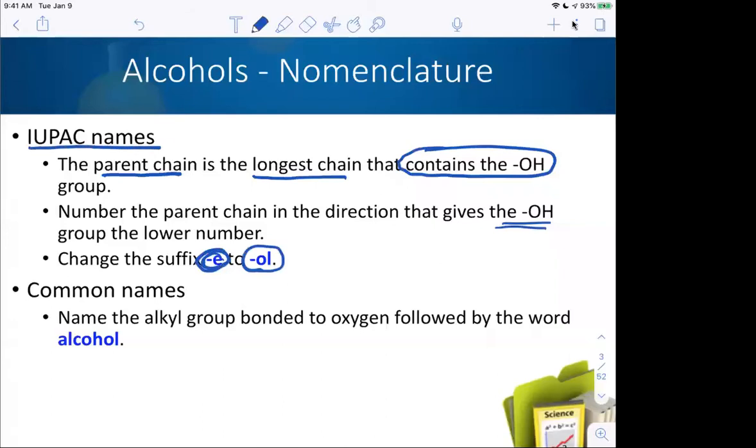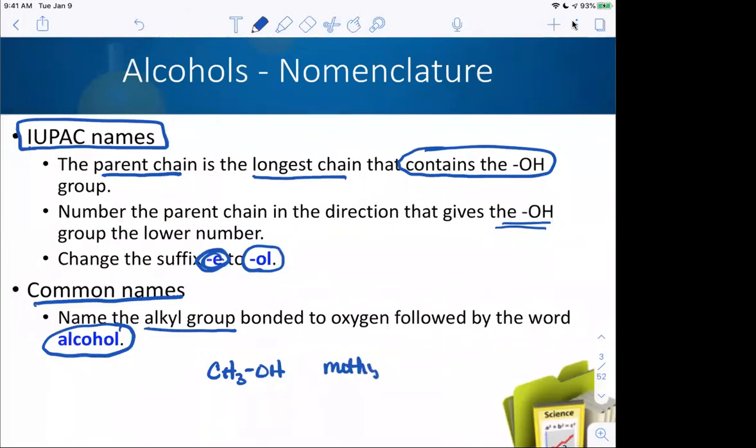And that's for the IUPAC names. There are common names for these as well, and they are used fairly commonly. So basically, to use the common name, I'm going to name the alkyl group that's bonded to the oxygen, and then I'm just going to follow that with the word alcohol. So like CH3OH would be called methyl alcohol.